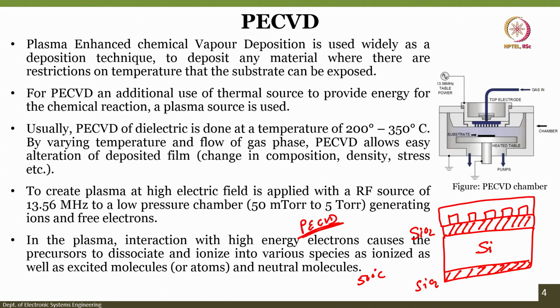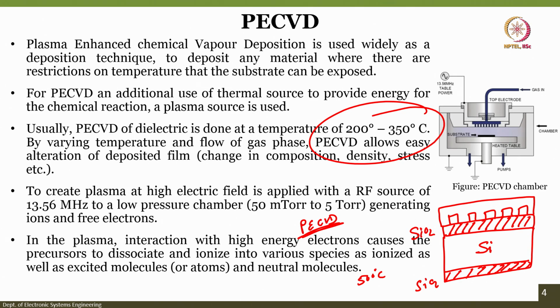Why? Because the temperature is less than 100 or from 100 to 350 degrees centigrade. Even here it is 200. I have used PECVD at 100 degrees centigrade as well. Only point is that the rate of deposition will decrease as you decrease the temperature.